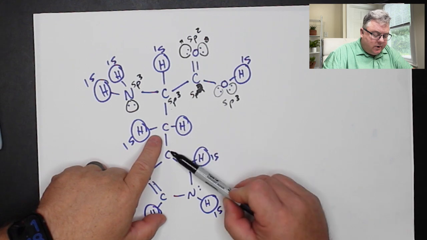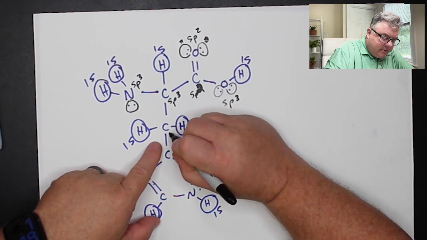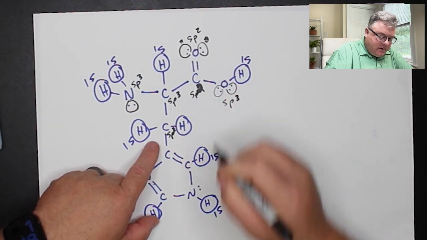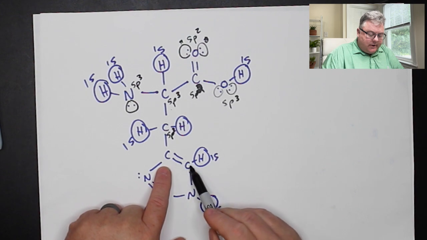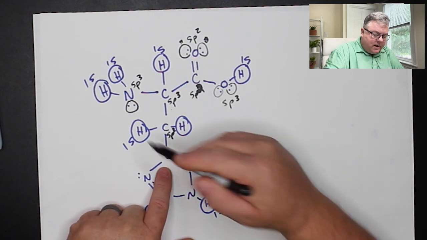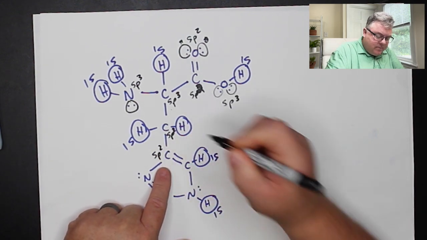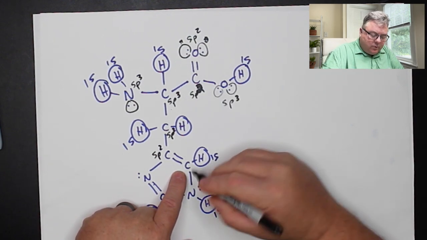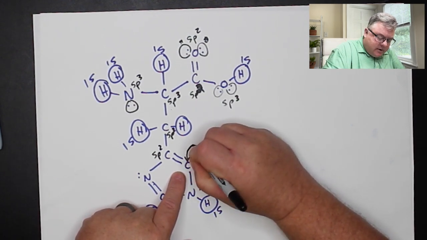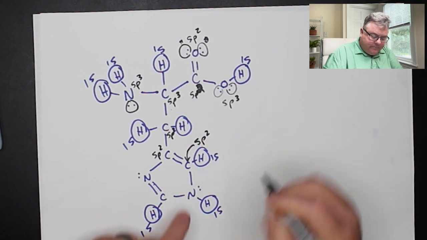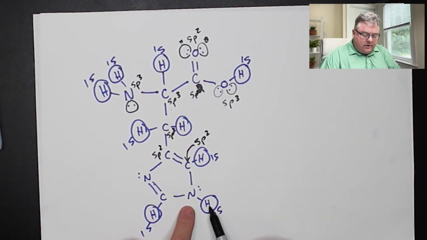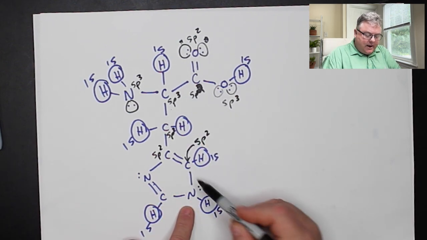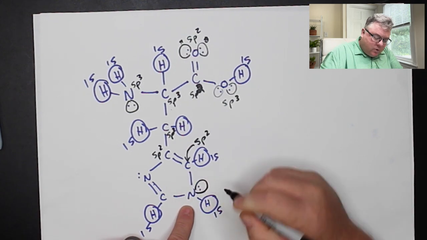All right, this carbon, 1, 2, 3, 4 things, sp3. This carbon atom has 1 atom, 1 atom, and 1 atom, sp2. This carbon atom, atom, atom, atom, 0 lone pairs, is going to be sp2. This nitrogen has 1, 2, 3 atoms. Don't forget the lone pair.